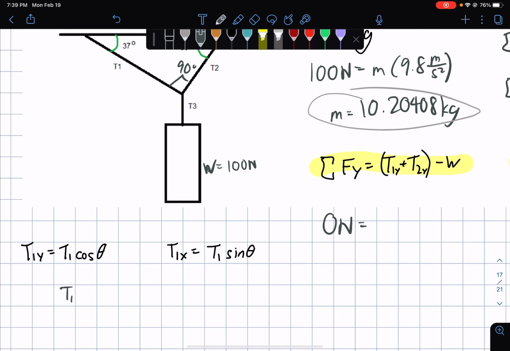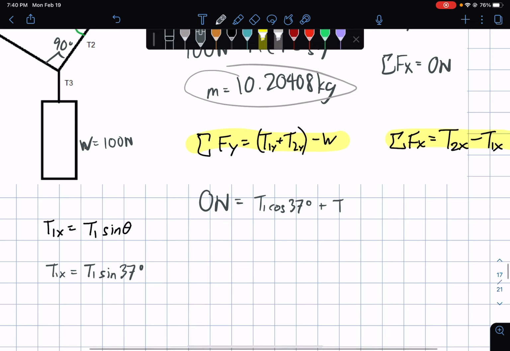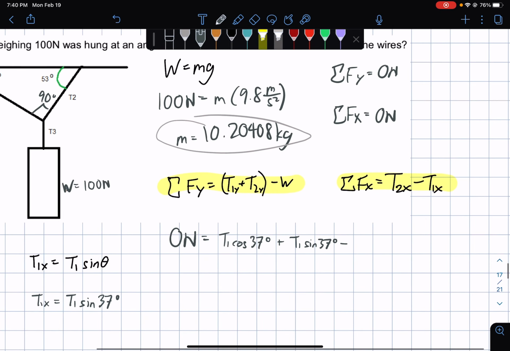Okay, T1 cosine 37 degrees, T1 sine 37 degrees. What's the weight? 100 newtons.